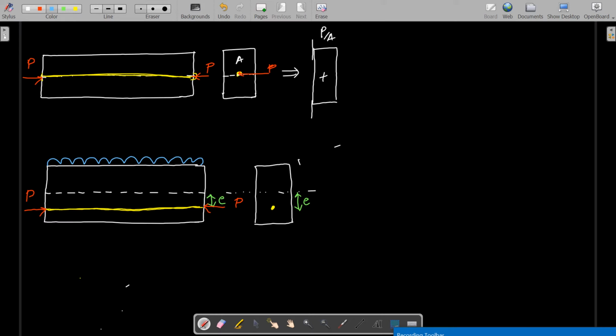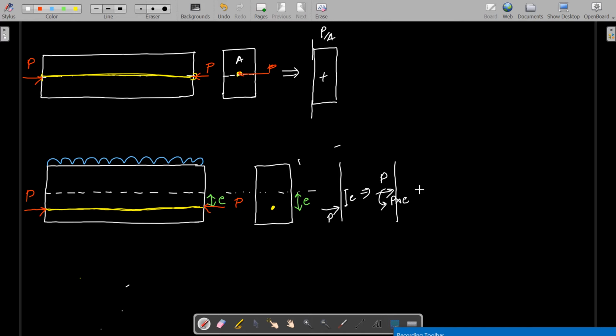If I draw it in a single line, there is the P force at an eccentricity E. From the basics of mechanics, I can transfer this P force to an equivalent force P at the centroid, as well as a moment P into E. We will use this concept and do the superposition of these two, and see how the stresses act.